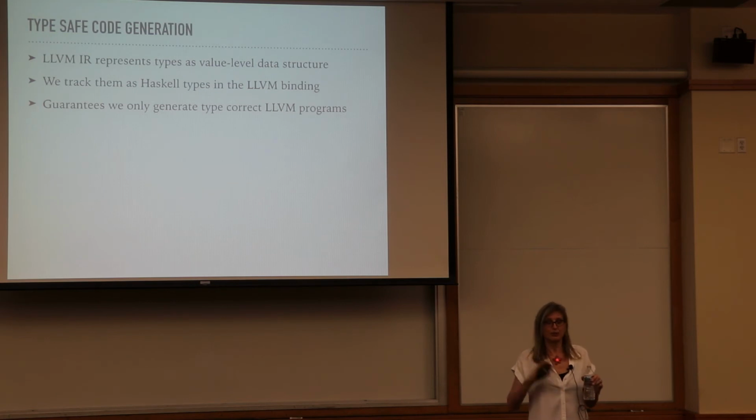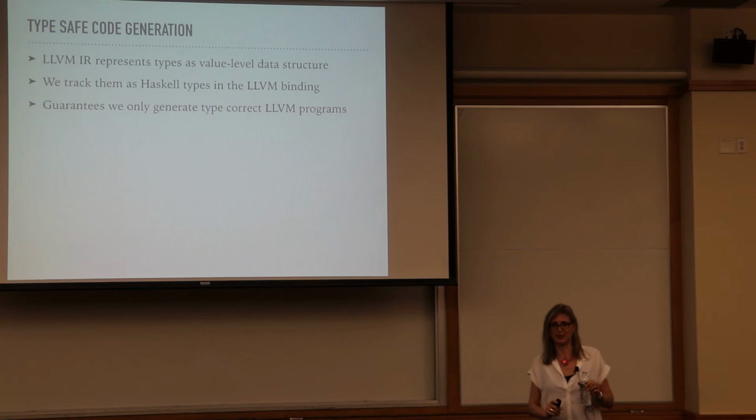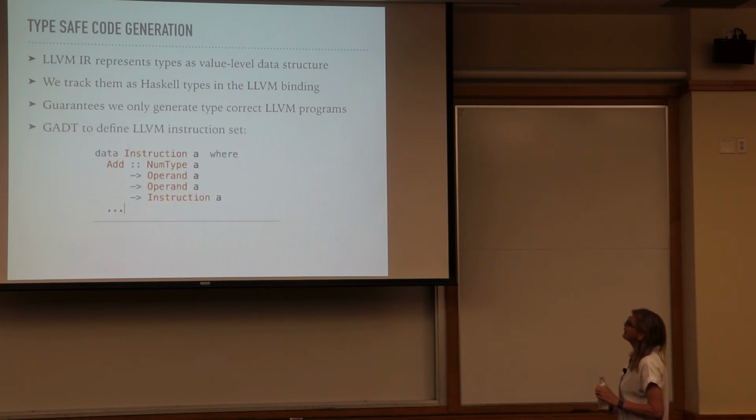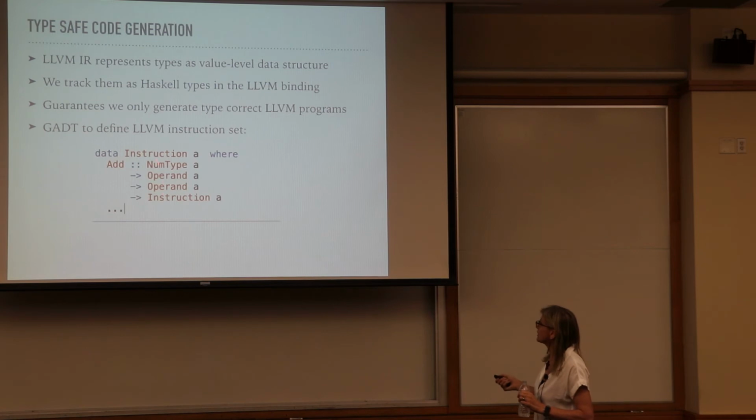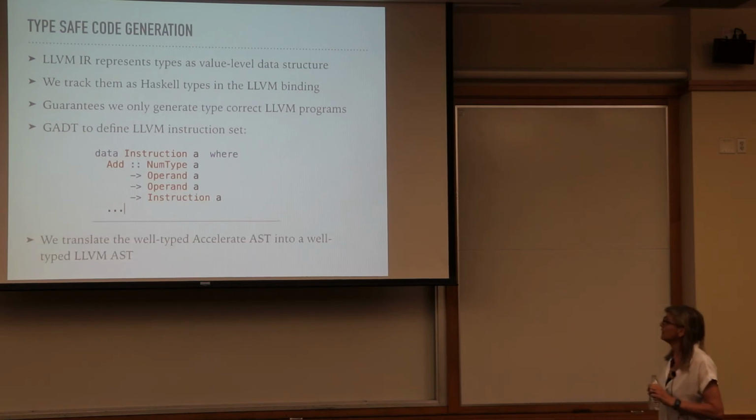We generated plenty of incorrect programs, but at least they were type correct. So we have a GADT to model the LLVM instruction set. Here this num type is one of these dictionaries, because this is overloaded. So this is the explicit dictionary argument, then the operands and the instruction, and we track this just as we did with the expressions.